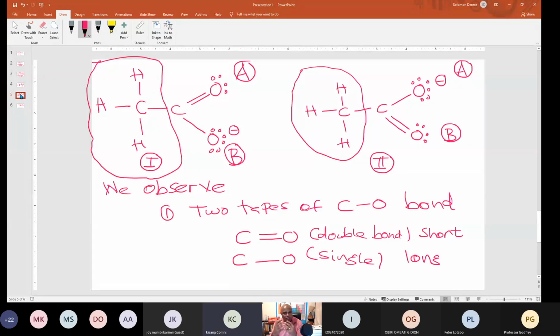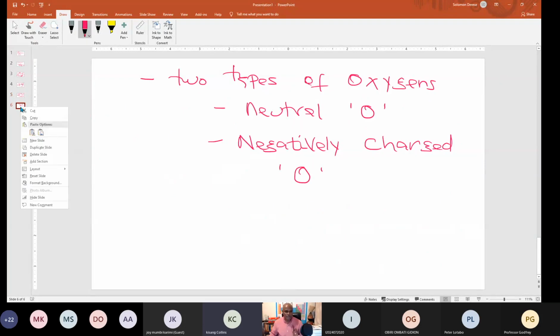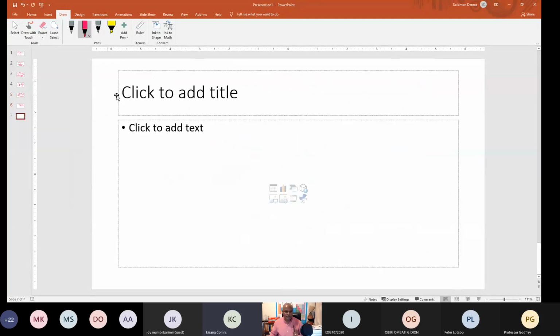One of the oxygens being neutral, the other oxygen being negatively charged, isn't it? Yes, okay. This is our observation. Also, please mute.